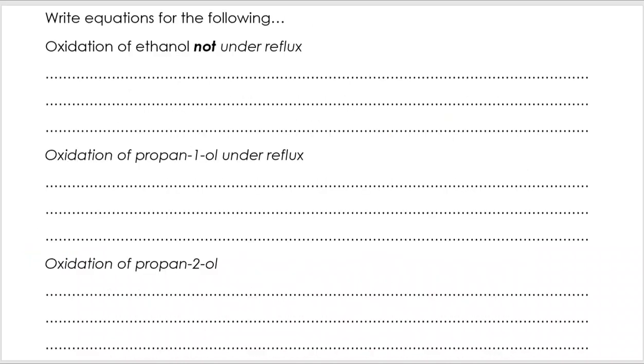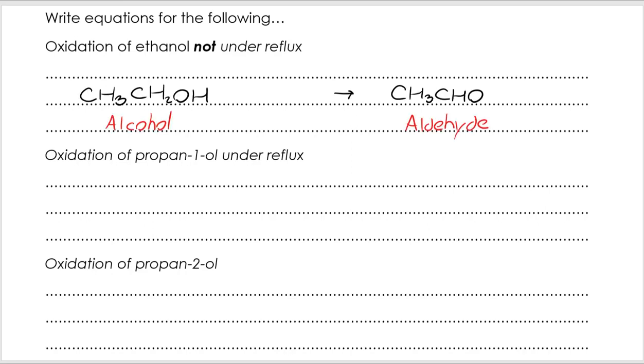Let's now take a look then at the equations for what might happen in each of these examples. Have a go and see how you do. Well, the first one, ethanol, not under reflux. So that tells us that it will only go as far as an aldehyde. And here's my ethanol, and here is my ethanal.